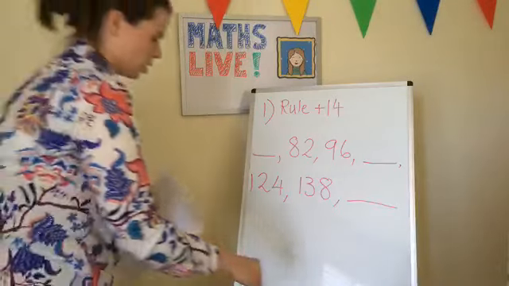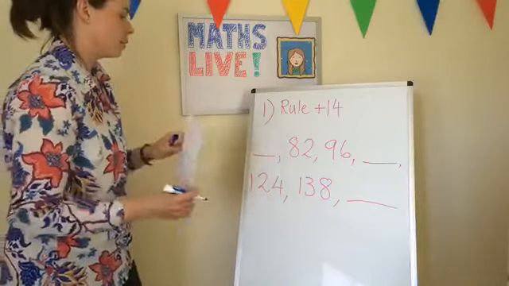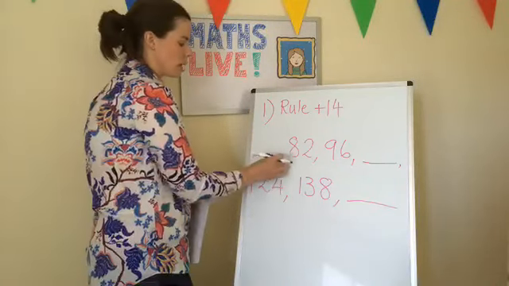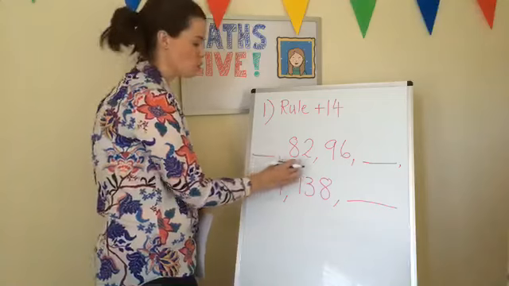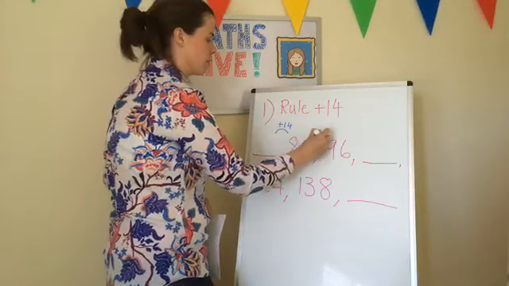Okay, so let's have a look. The rule is add 14. Now, the first one, the missing number is before this number, because we're adding 14 each time.